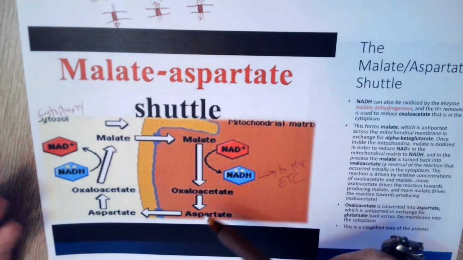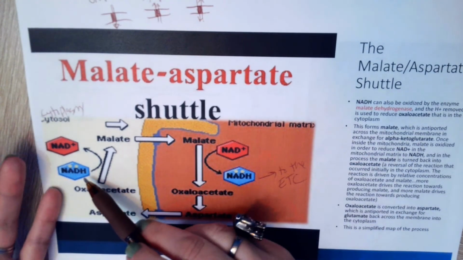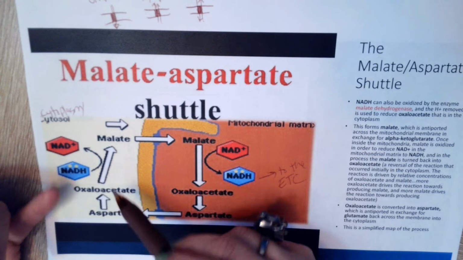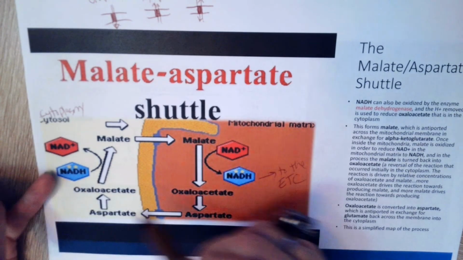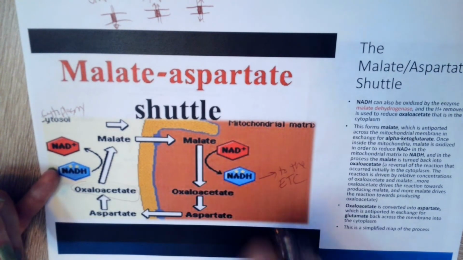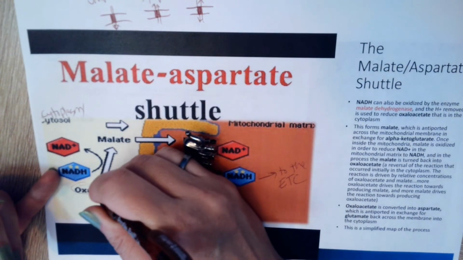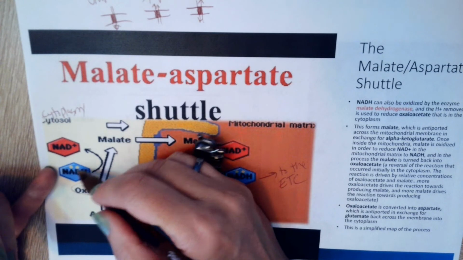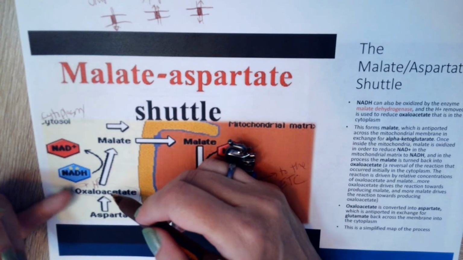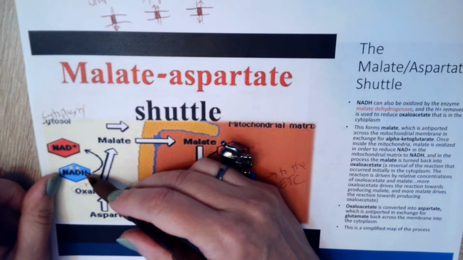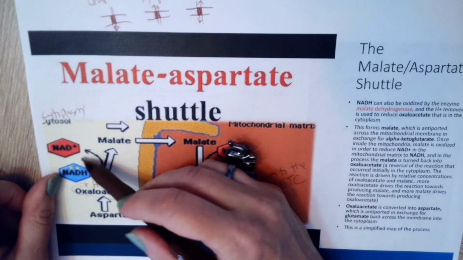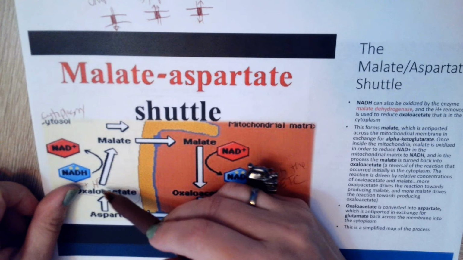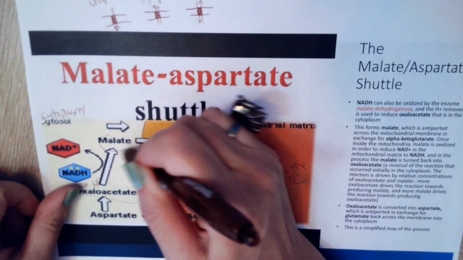And in order to do that, we are essentially going to take those hydrogens off of the NADH and put them onto oxaloacetate, which is this molecule out here in the cytoplasm. So we're going to add a hydrogen, taking it away from NADH. So we are reducing oxaloacetate while we oxidize NADH into NAD. That reduced oxaloacetate with that new hydrogen on is malate.